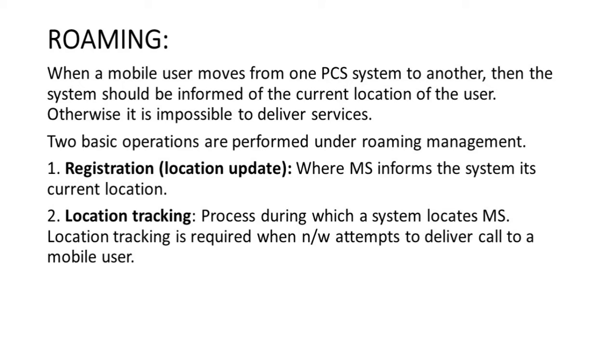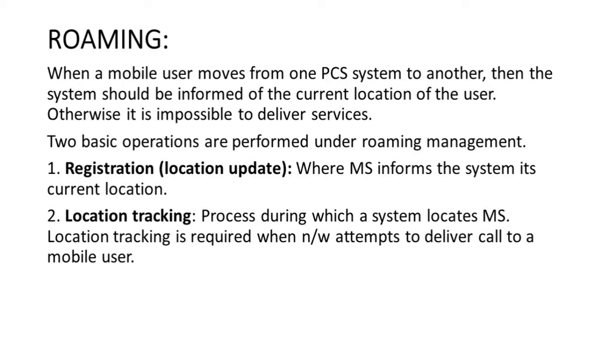This is the process during which a system locates the MS. Location tracking is required when the network attempts to deliver a call to a mobile user. Suppose I am living in Alambag and a friend of mine who lives nearby in Alambag is trying to call me, but now I am in Delhi. So there should be location tracking.